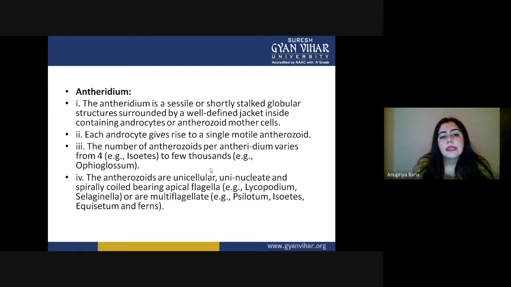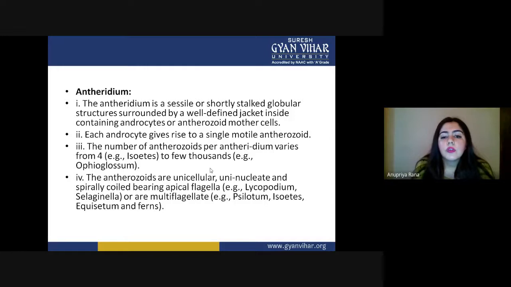In this jacket they have androcytes, the antherozoid mother cells. What are they going to do? Each androcyte gives rise to a single motile antherozoid.